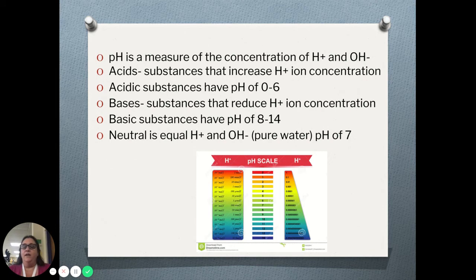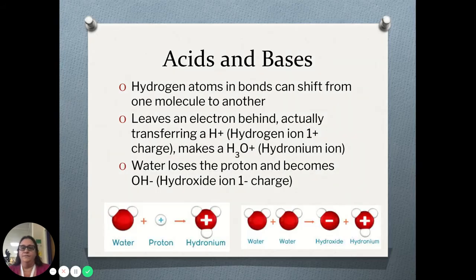Again, a base is anything from 8 to 14. We left off 7 because 7 is considered the neutral pH. That's where the amount of H plus and OH minuses are equal, like in pure distilled water that has nothing in it.